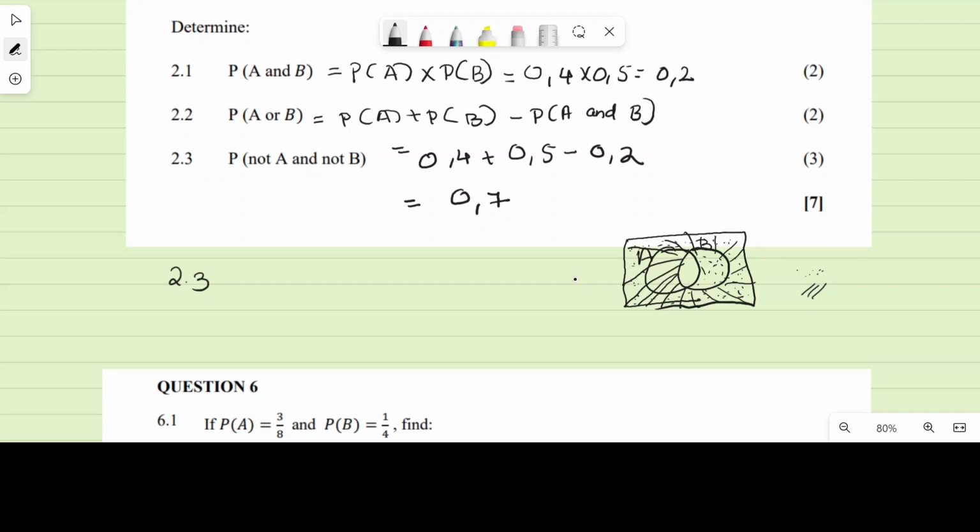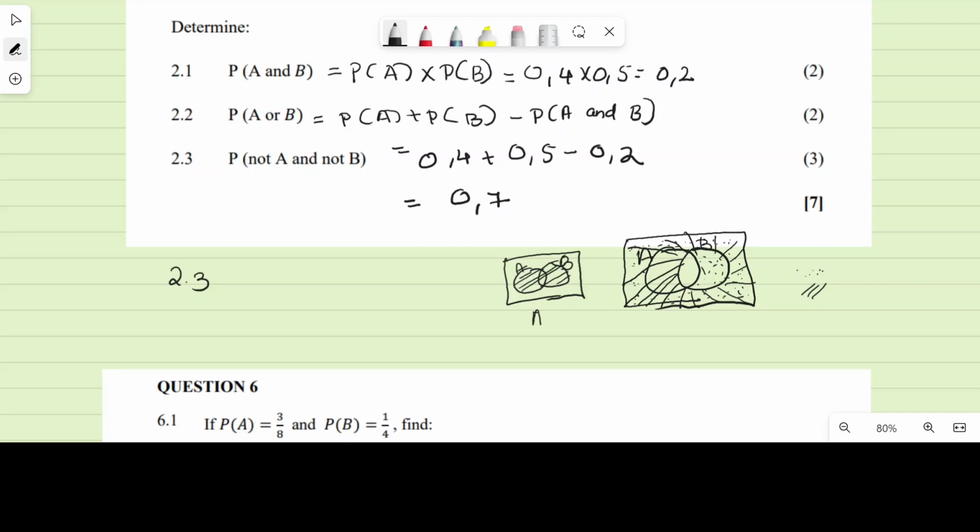A or B. Okay, let me also mention what is A or B and A and B, for those who have forgotten. A or B means this part, all in A and B, like this.